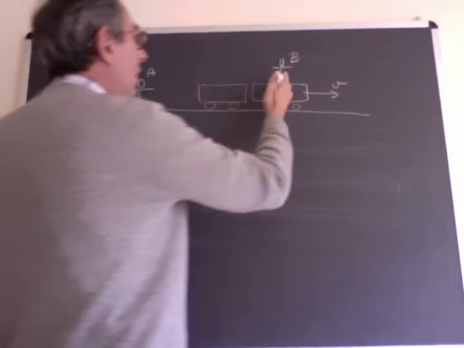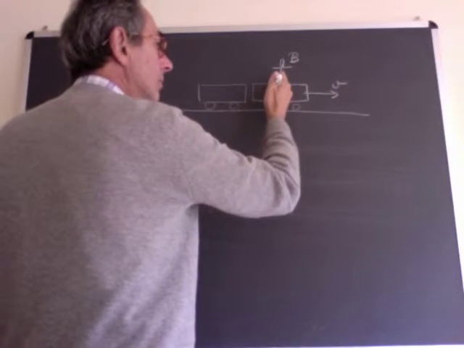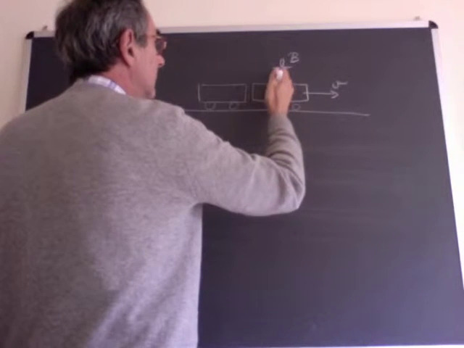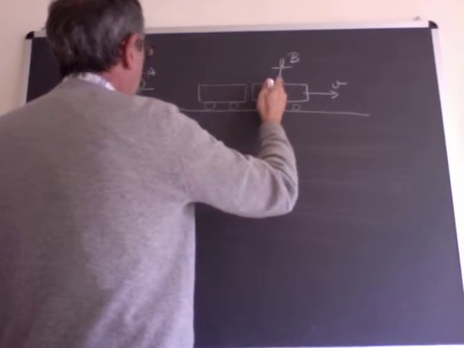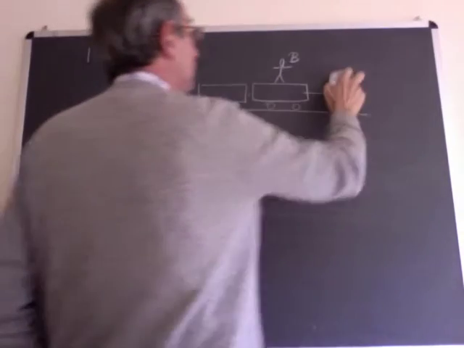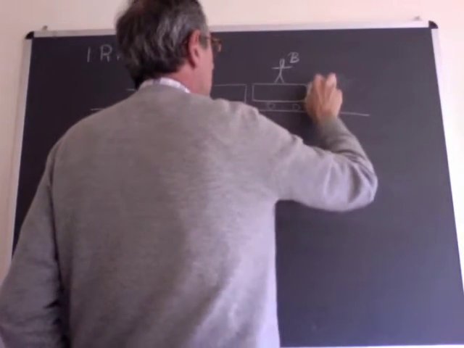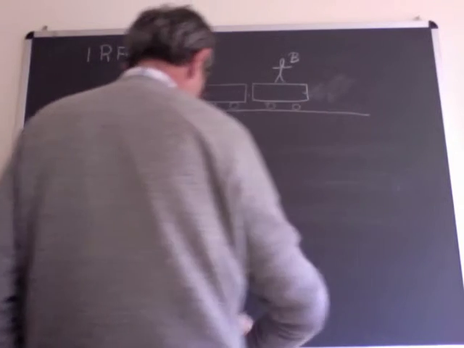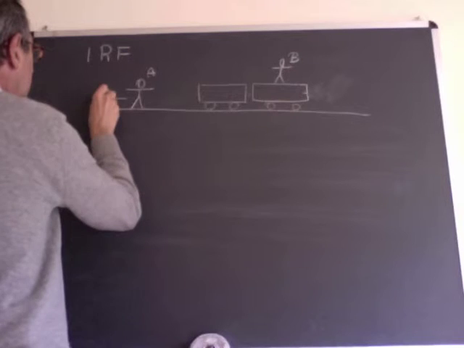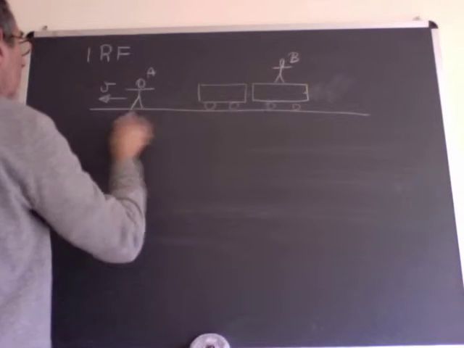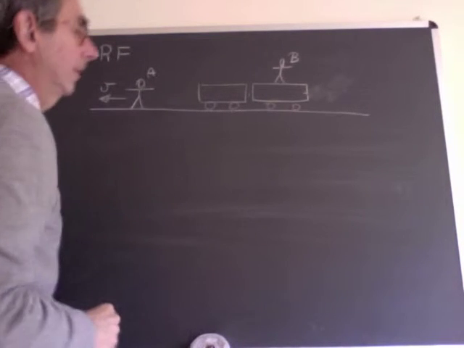But if you are B, you can consider yourself standing still on the train, so the velocity v disappears because you are not moving on the train, and you see that the other man A is going away in the other direction with velocity v.